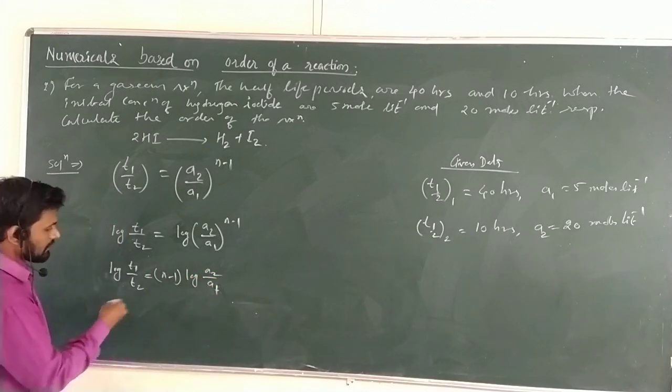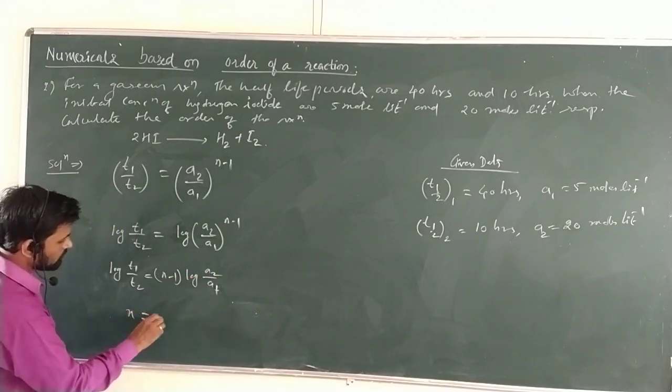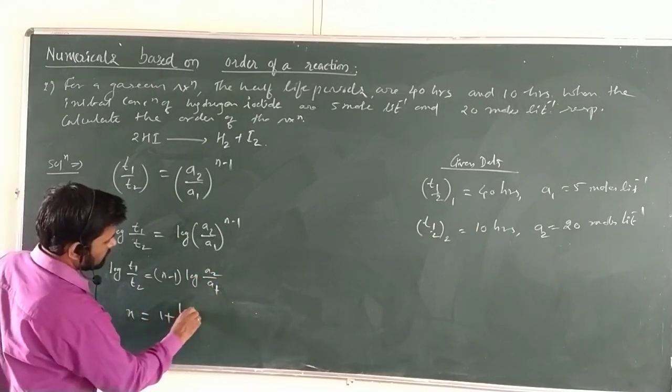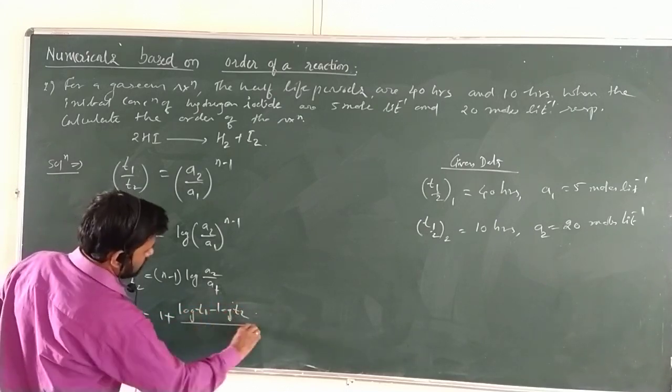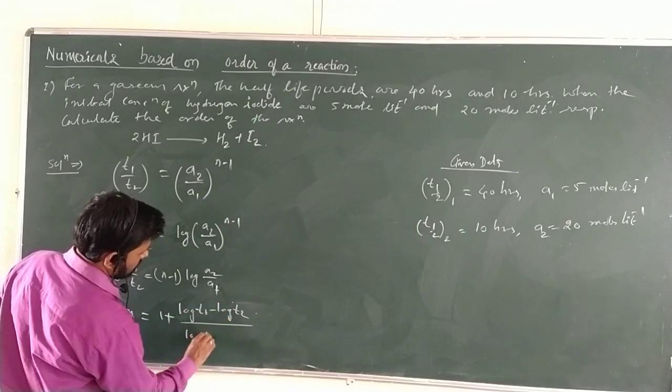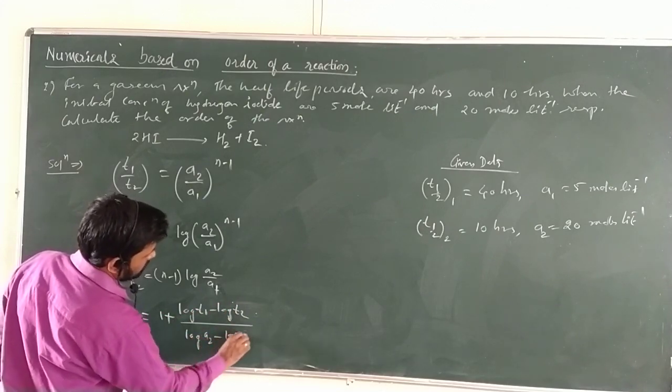After rearranging, n equal to 1 plus (log T1 minus log T2) upon (log A2 minus log A1).